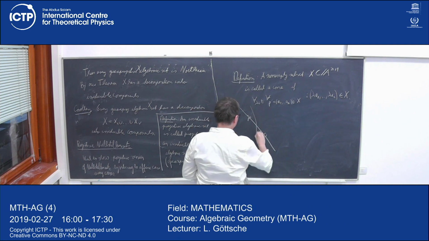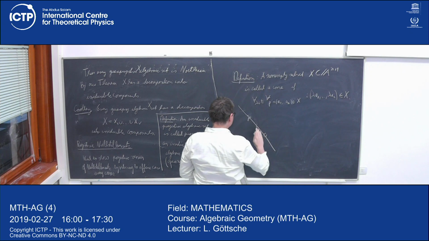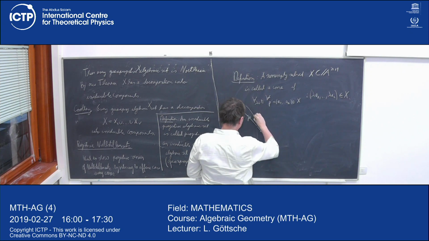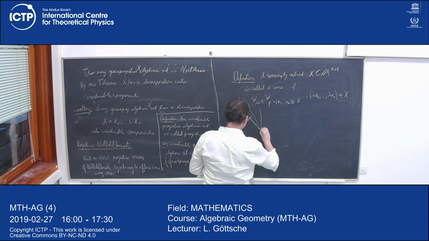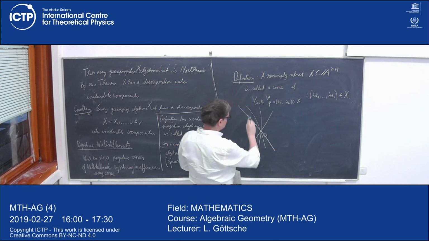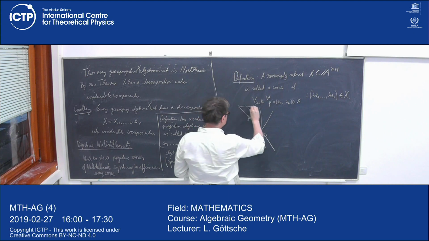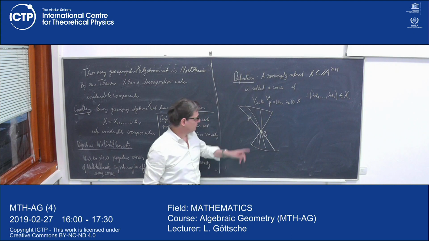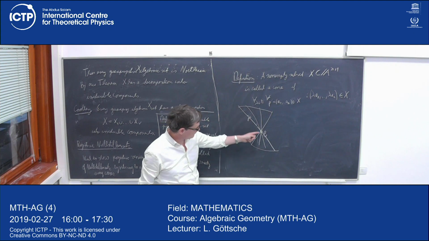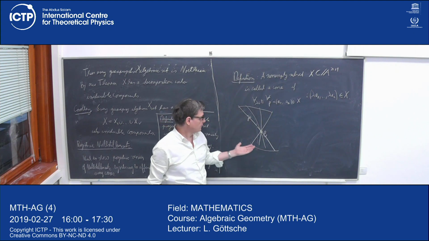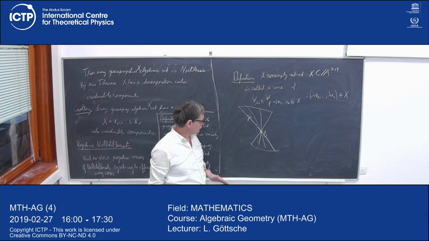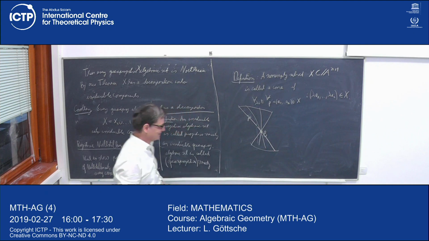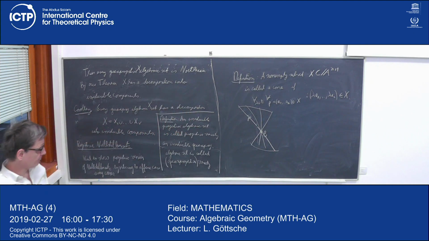So it has to hit the origin, and for every point it contains the line through the origin. So it somehow looks like a cone. Normally, when you talk about a cone in normal life, you only take half of it, but anyway.